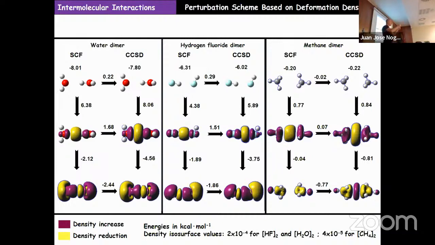It's overestimated because the electrons are not correlated, and we use this mean potential. Hartree-Fock predicts that the electrons may be closer than in reality when you include electron correlation. So in this case, the intermolecular density takes more space in the case of correlated methods than in the uncorrelated ones. So the overlapping is larger, so the Pauli repulsion is larger. And it happens always in these complexes and any other complex.